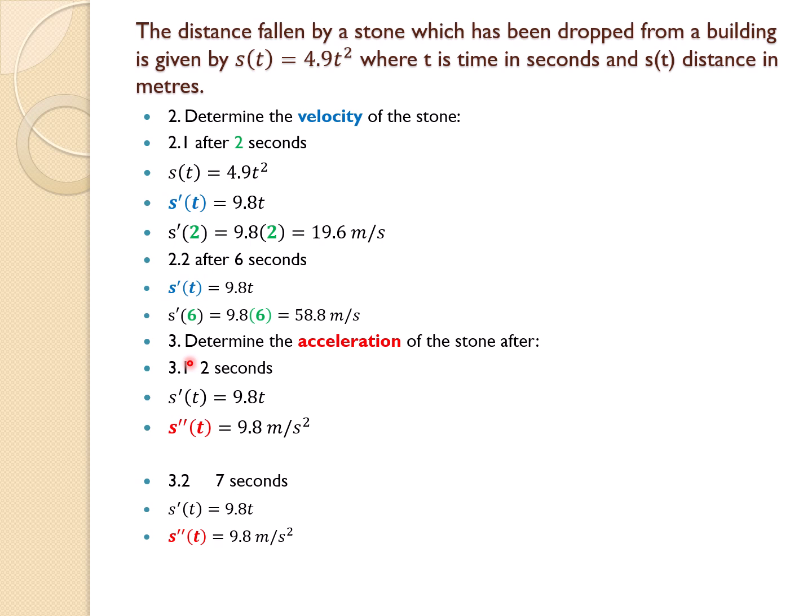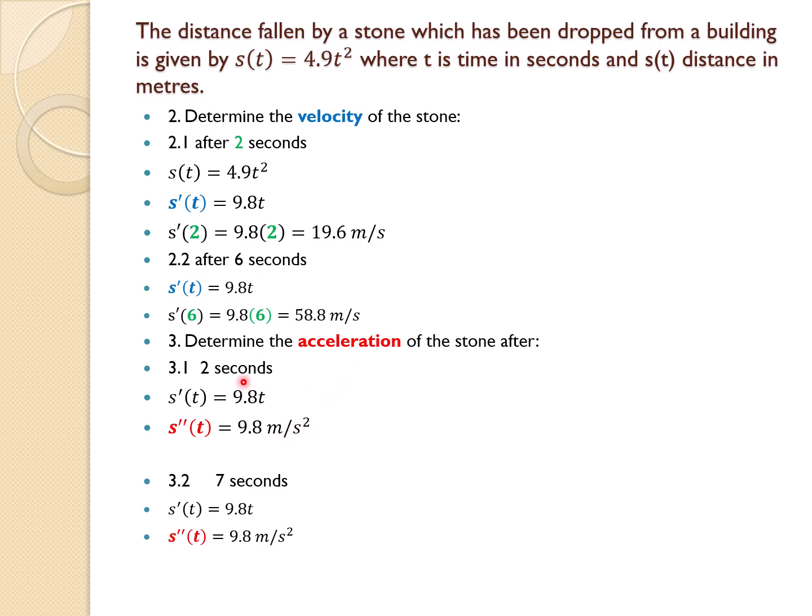3. Determine the acceleration of the stone after 2 seconds. Acceleration means I have to find the second derivative of displacement, or the first derivative of velocity. The first derivative was 9.8t, so the second derivative, 1 times 9.8, simply becomes 9.8 meters per second squared.